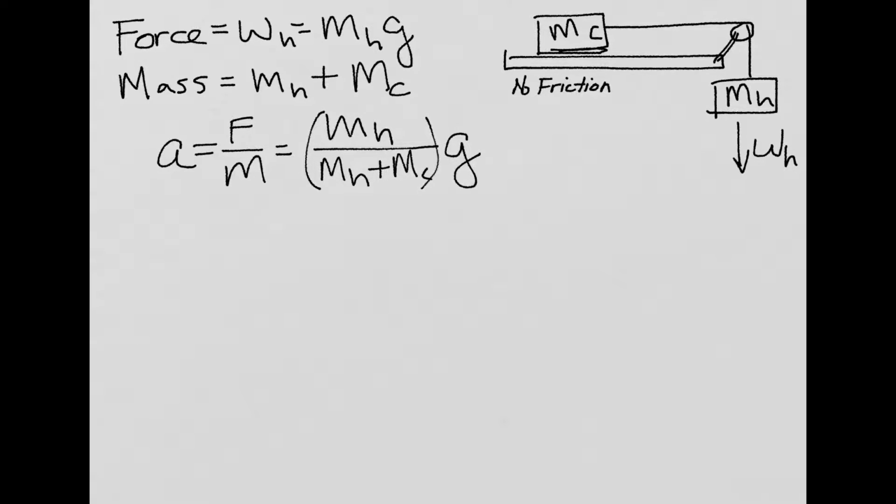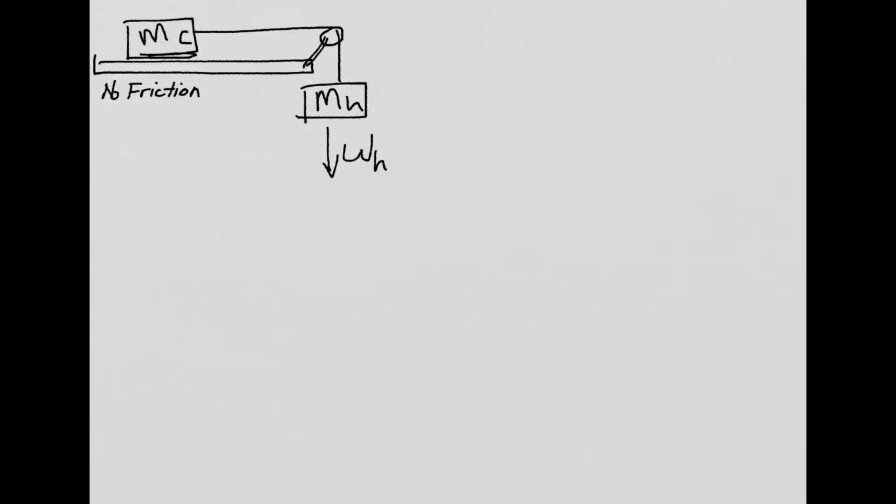Okay? So, let's look at this same exact problem from a different vantage point, where I'll break it into two systems. The first system is the hanging mass. It has weight down, and it has tension up. If it's not moving at all, those are equal and opposite, and the weight stands still. But if it is moving, then I can use Newton's second law to describe that motion.